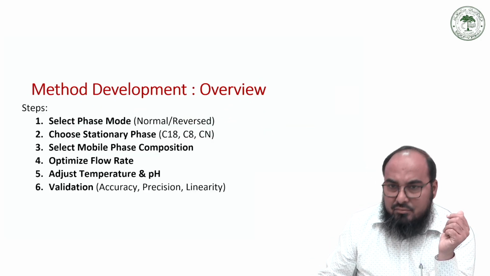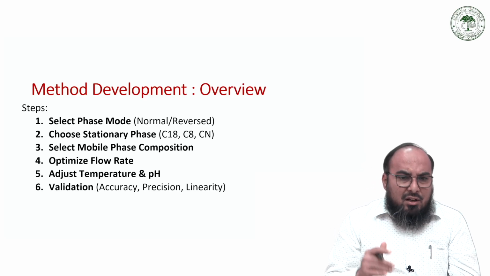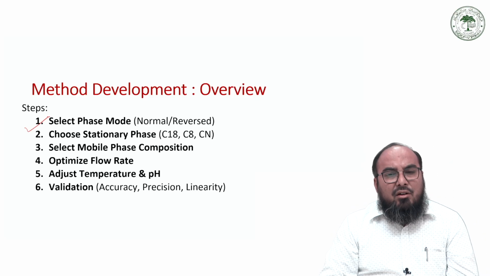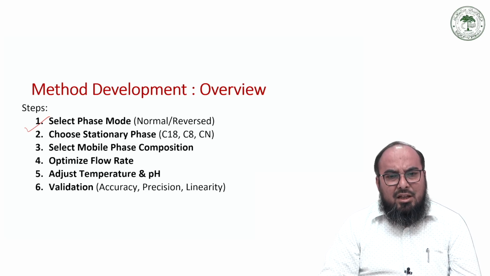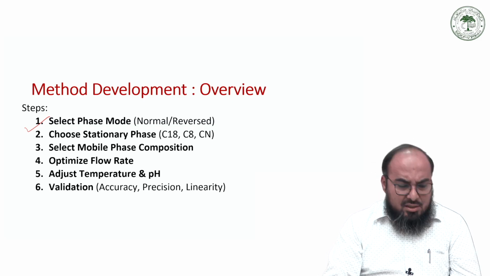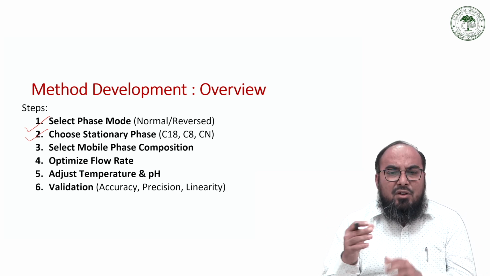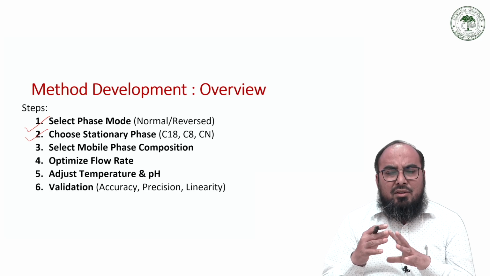Okay. Now method development. So what are the different steps? First of all, we have to select the mode, which type of HPLC we want to do, that is whether we want to do the normal phase or the reverse phase or the bonded one. Then we have to choose the stationary phase on the basis of the sample which is to be separated, and we choose on the basis of the polarity.